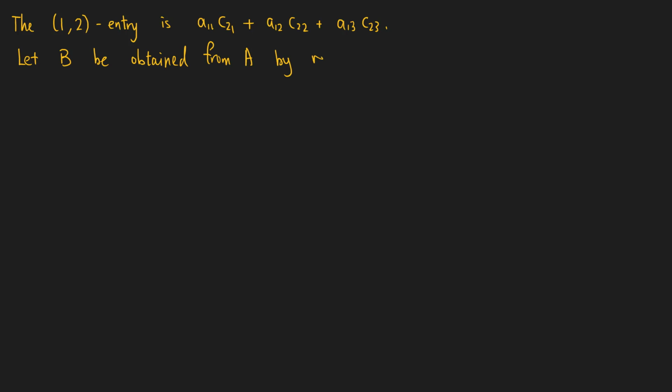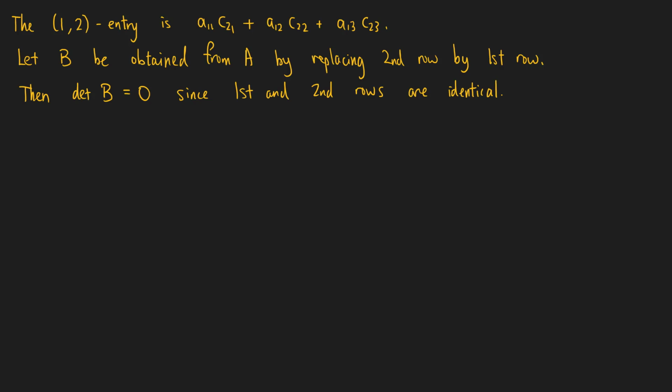Now, let's look at the off-diagonal entries. The 1-2 entry is A11 times C21 plus A12 times C22 plus A13 times C23. Let B be obtained from A by replacing the second row by the first row. Then the determinant of B equals 0, since the first row and the second row are identical.